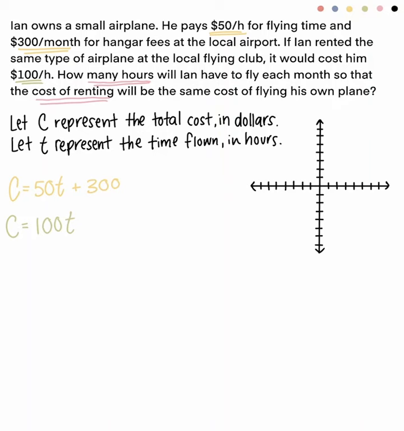So if he goes with option 2, it's just going to cost him $100 per hour. Now, because both of these are already written in y equals mx plus b, I like to write this just so I have it as a reminder. I can look at those two equations and see they're written that way. Then we're ready to start to graph.